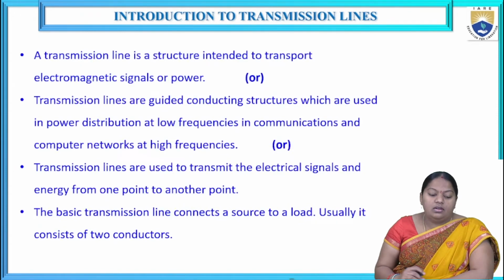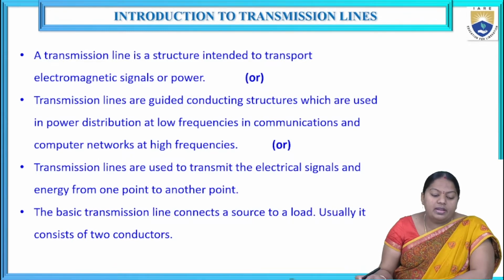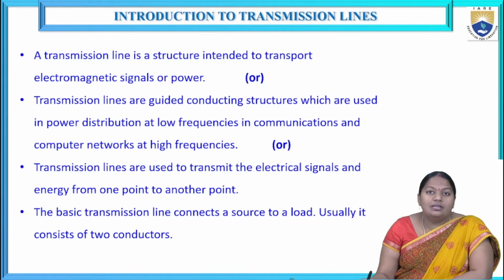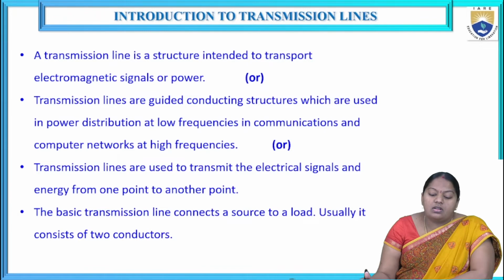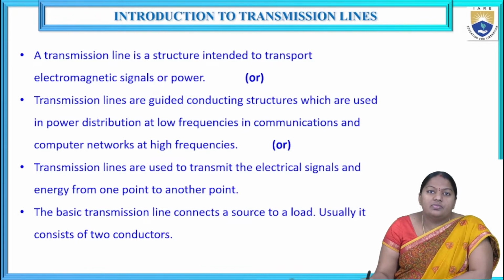Now, the definition of a transmission line. A transmission line is a structure intended to transport electromagnetic signals or power. Transport means we have to send some information, energy or signals from one place to another place.